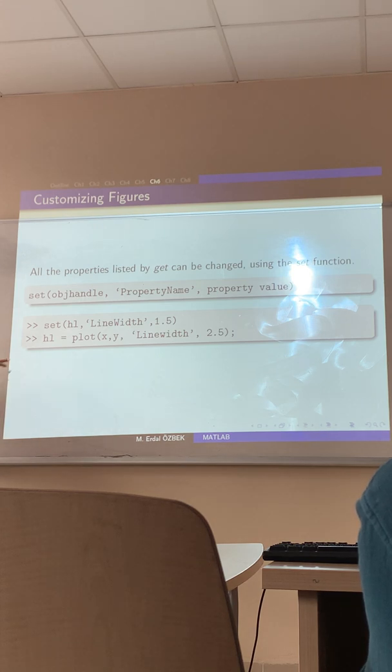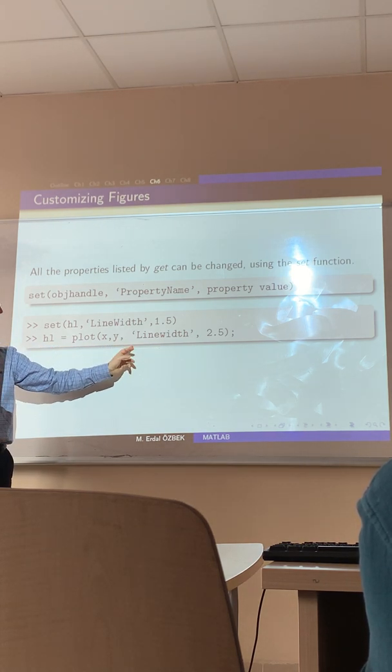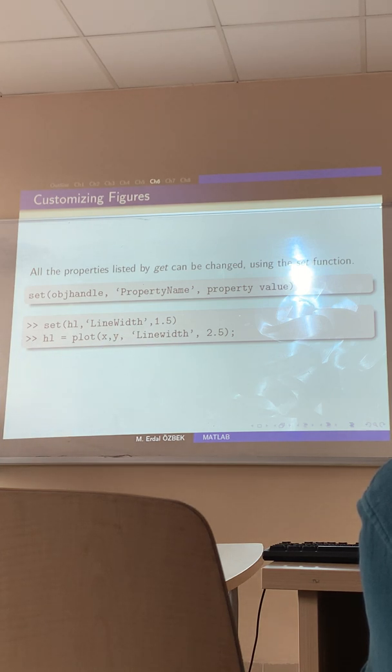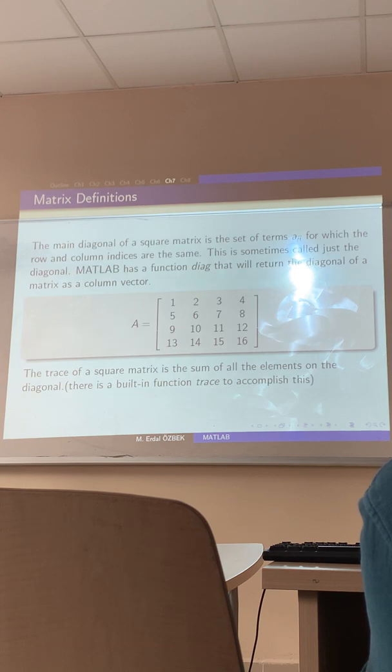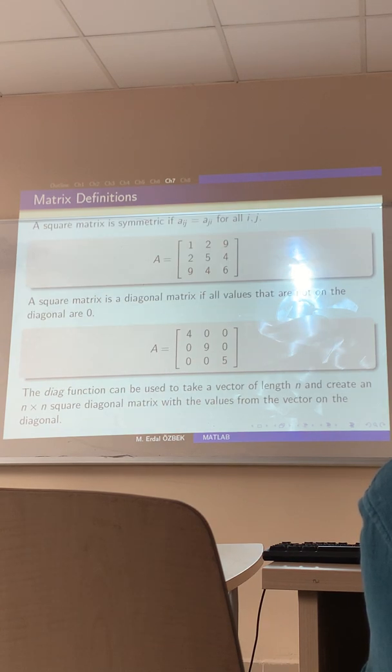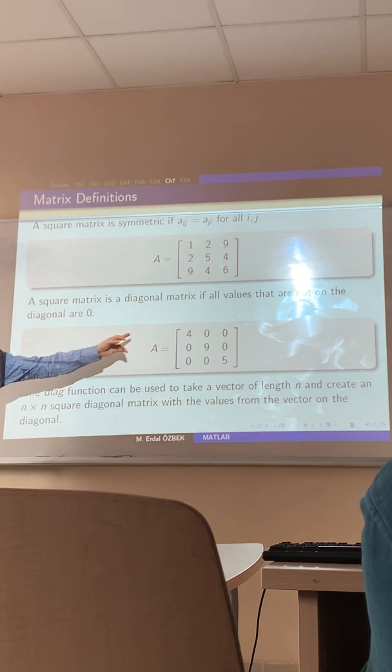Or you can do it like this, just in the plot function, as a command with the line width in apostrophes. Okay, so we talked about the matrix representations before, but we have some special functions for square matrices, and diag is the diagonal of the matrix, right?